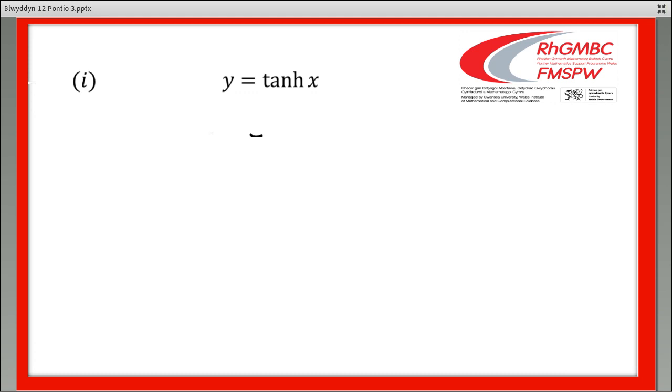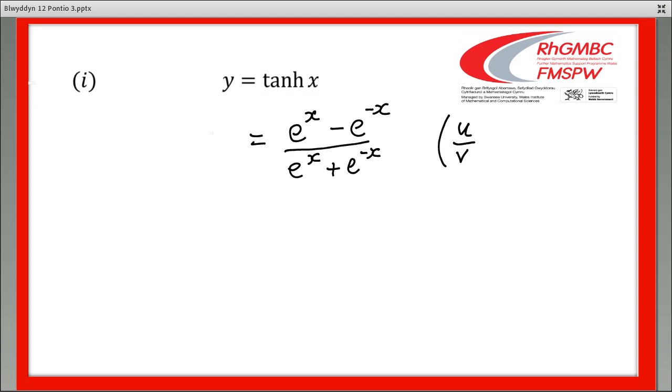So we've got this: e to the x minus e to the minus x divided by e to the x plus e to the minus x. Now technically you've got two functions, and I'm going to call them function u on the top and function v on the bottom, rather than f and g. It's a bit too close to e, so I want to keep it as far away from that as possible.